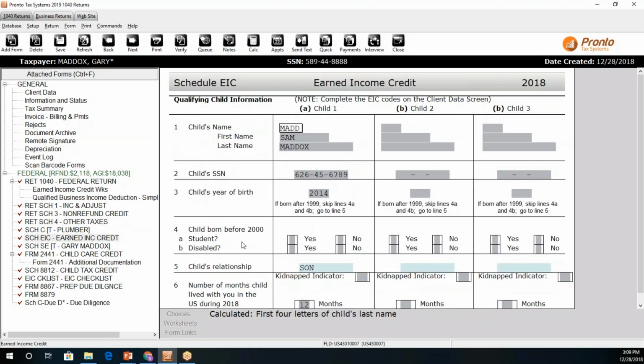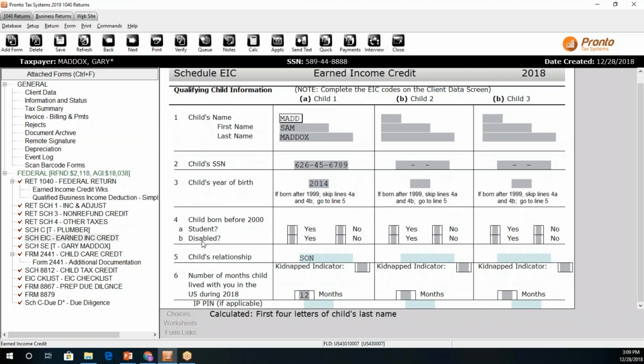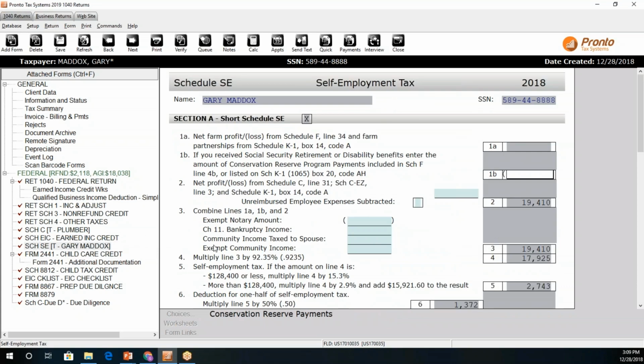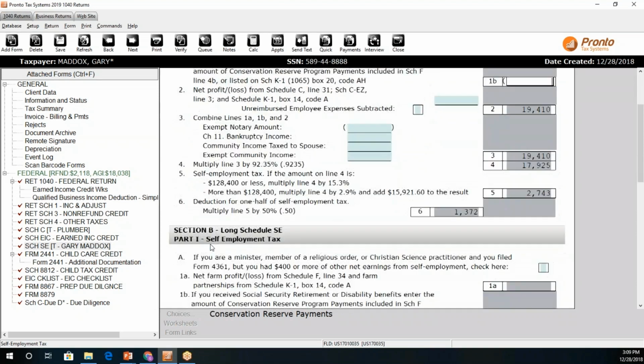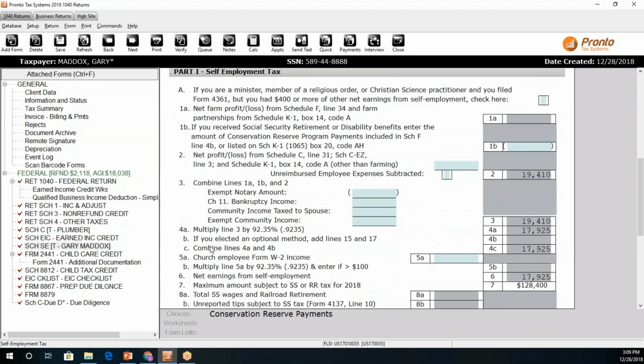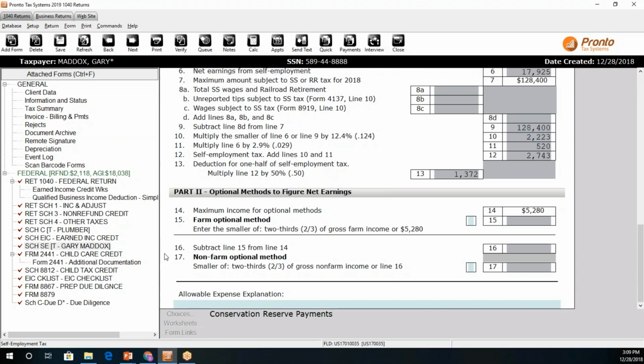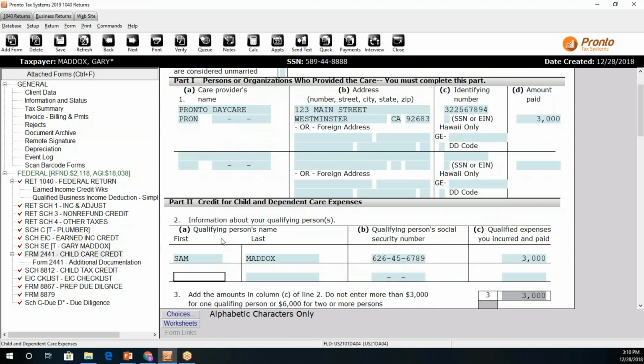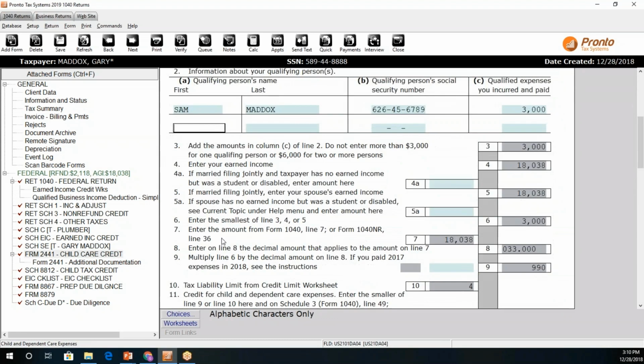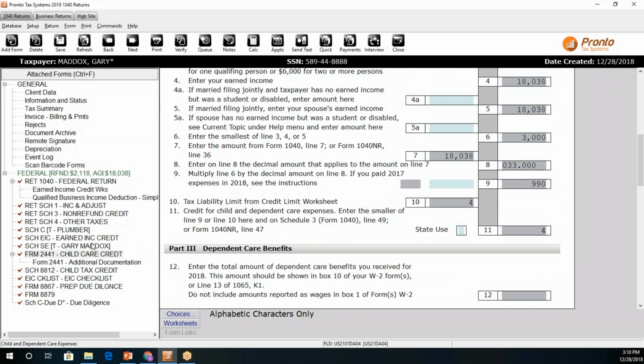He had earned income credit back here. This is his self-employment form, Schedule SE. Okay, and he had the child care, which right there, which really didn't help him a lot, only $4 worth.